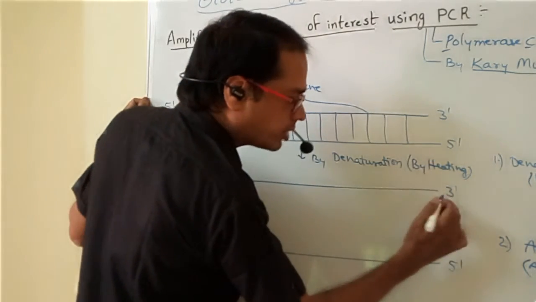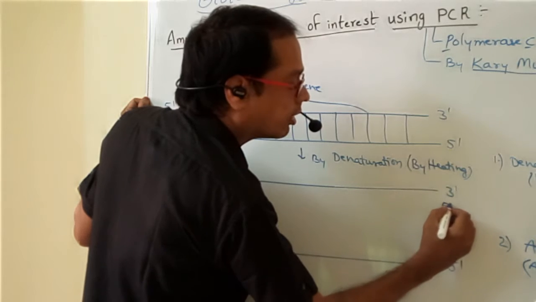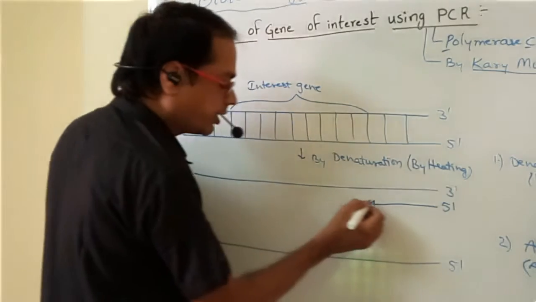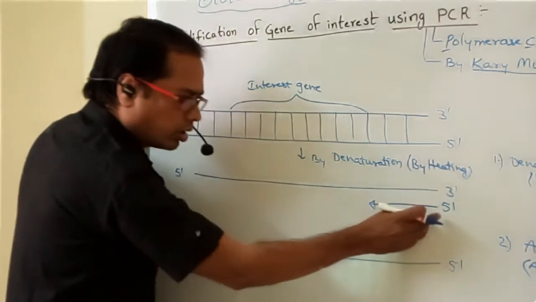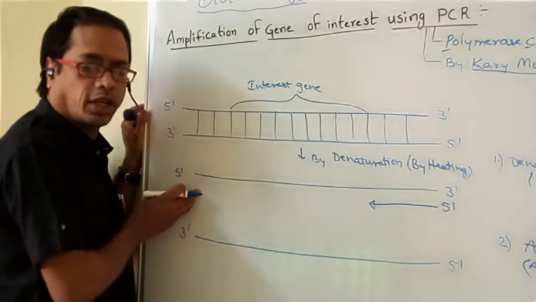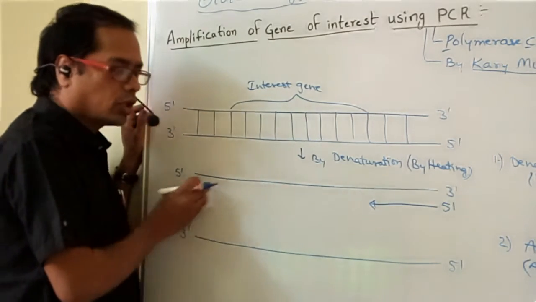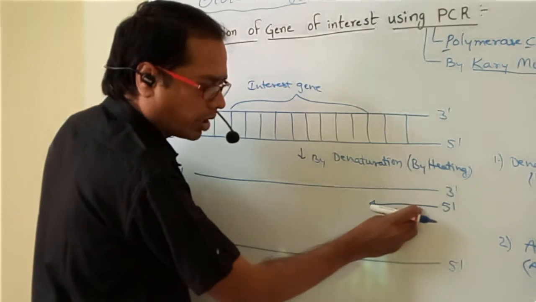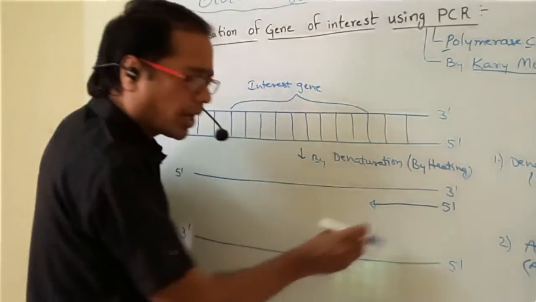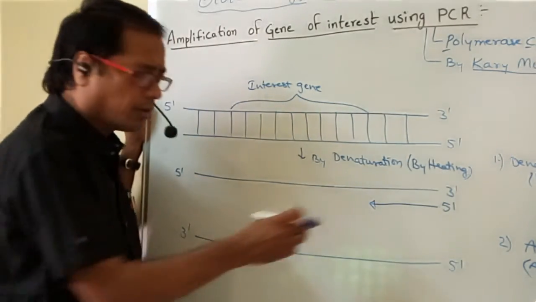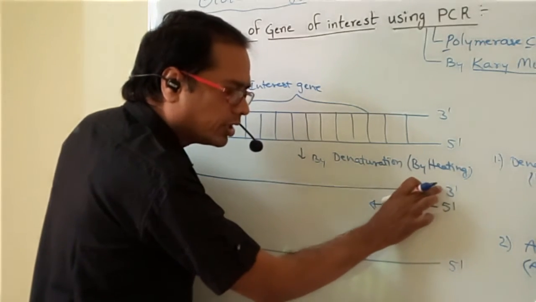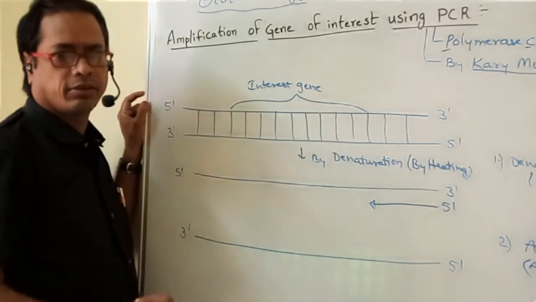If this is the 3 end, this would be the 5 end. If it goes like this, the primer will be extended in the direction of 5 to 3. This is the primer. That means primer is attached at the 3' to 5' parental strand.